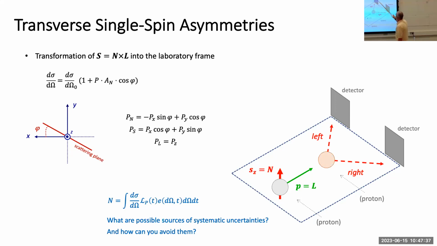So I have a detector on this side, a detector on that side, but I somehow have to rotate event by event my scattering plane into my lab frame, and that's really just a rotation around the beam direction, right? This is my lab frame XY, and then this is the scattering plane and its sideways normal, and it's just a transformation with sine phi and cos phi that rotates one into the other.